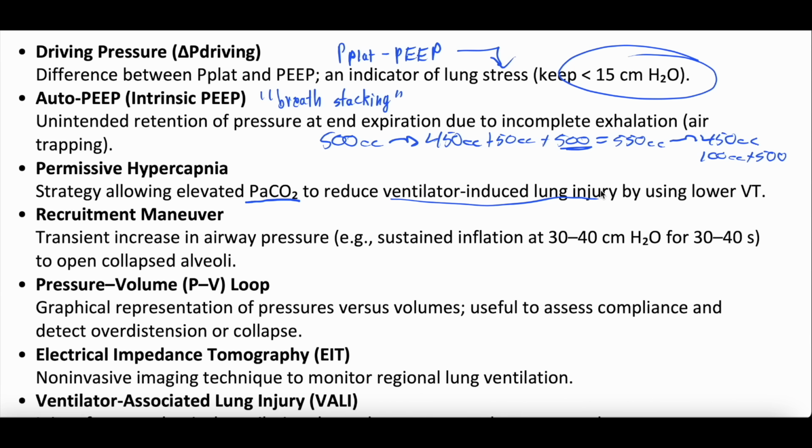We have a whole series on ARDS too, so check that out. But we'll allow them to have some permissive hypercapnia. We won't try to aggressively make their carbon dioxide normal because by doing so, we'll cause more lung damage. So instead, we let the carbon dioxide stay a little high if it means that we can have better control of any injury to their lungs.